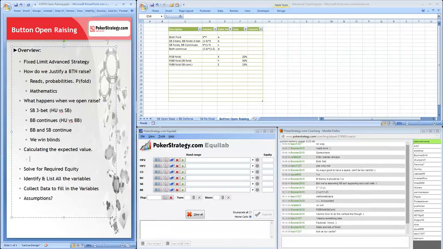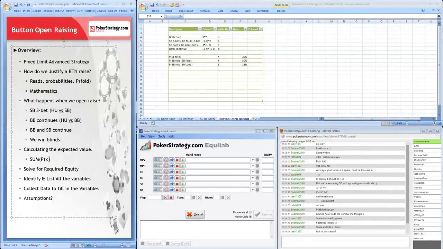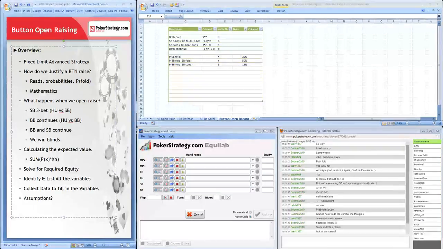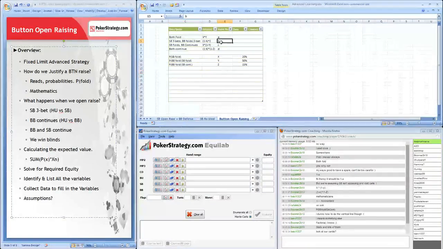Now, if we think generally here, the expected value is equal to the sum of the probability of an event, so Px, times the payoff, and we'll call it Xn. And this is the general equation that we could use for the expected value. Now, we already see that we have different things that can happen. We've got basically 4.